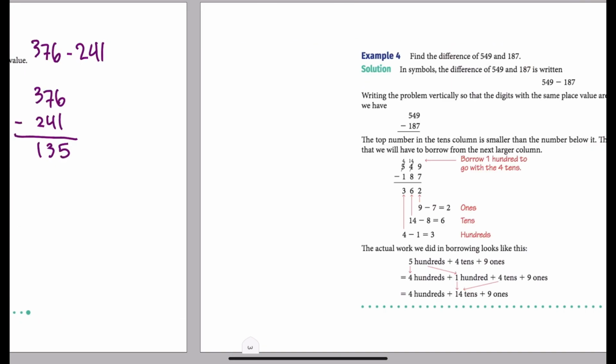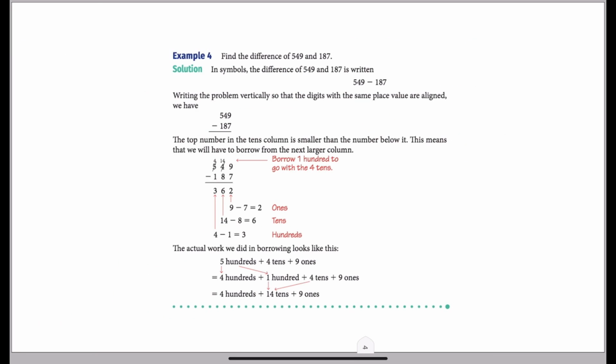Now, sometimes when I'm subtracting, the digits in the first number are not always larger than the digits in the second number. So in this case, find the difference of 549 and 187 means subtract those two numbers.